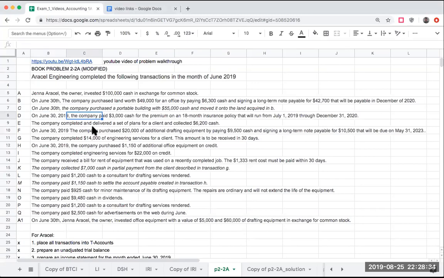These are technicalities I have a problem with. They say you bought additional drafting equipment, which you technically should be depreciating. And if you have a long-term note payable, you'd have to recognize some interest expense. So the way the book has written their questions is not necessarily the best for an introductory accounting student.